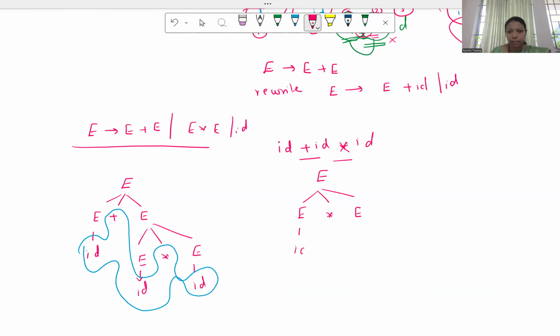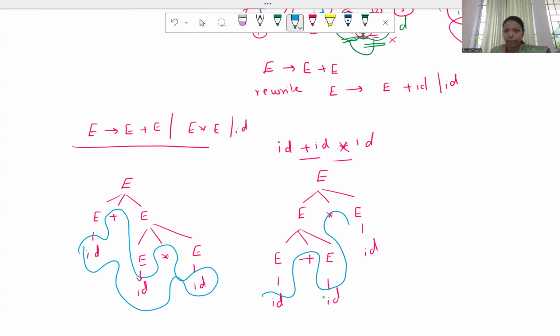Now this E is derived into ID, and then I'm going to derive this E into E plus E, and this E I'm going to define as ID, and this E I'm going to derive as ID. Now if you check again, I got the same output, ID plus ID into ID.